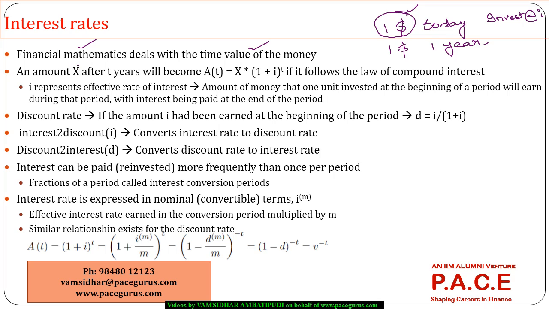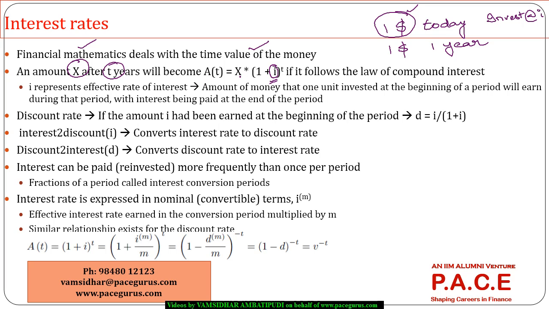So as a simple representation, if I am talking about an amount X, I have invested it for T years, and every year my effective rate of interest is i. We use the word effective rate of interest. In effect, every year I am getting an interest rate of i. That is what I am calling as effective rate of interest.